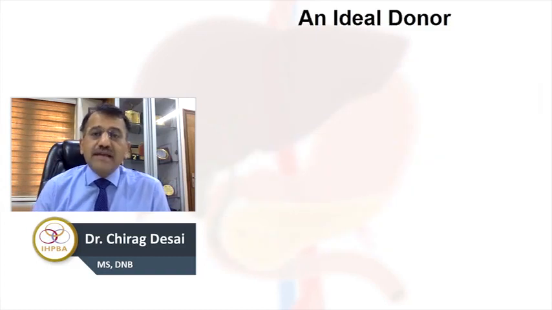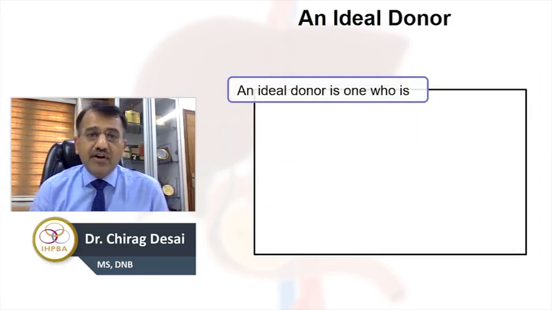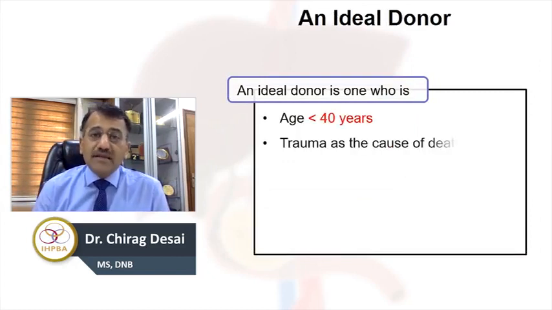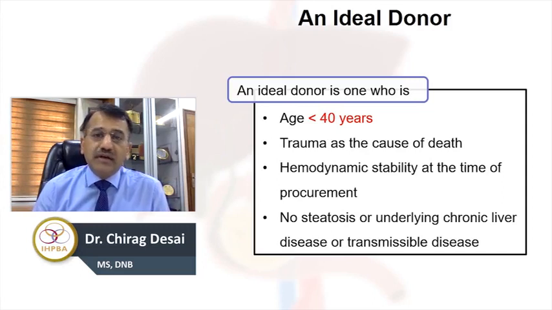So what is an ideal donor? The ideal donor does not exist very often. The ideal donor is very young, trauma is the cause of death, hemodynamically stable, duration in the hospital is short, and there is no other adverse factor. The quality of the liver is good, there is no fat content, and all of the parameters are in the acceptable range.